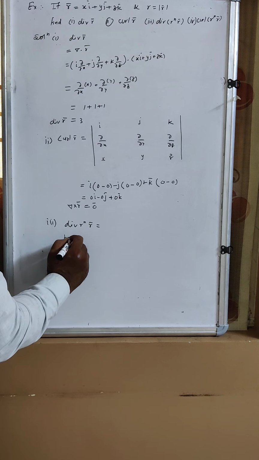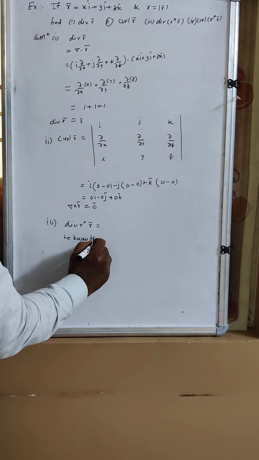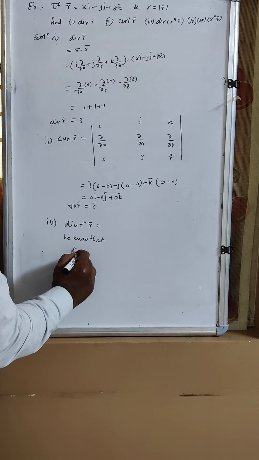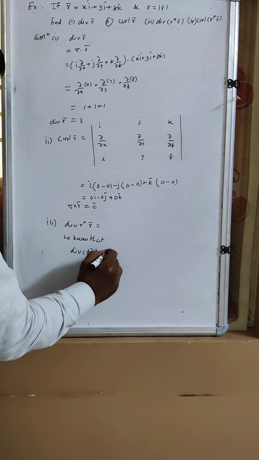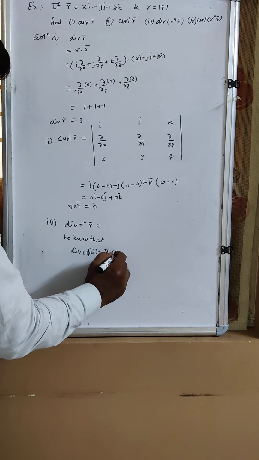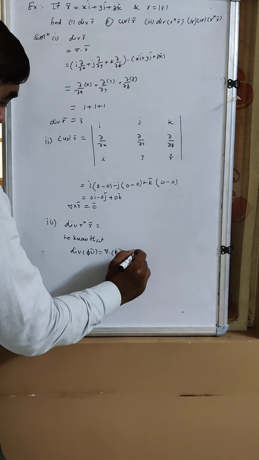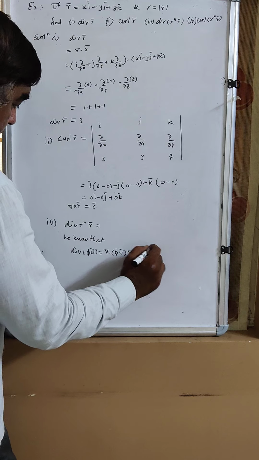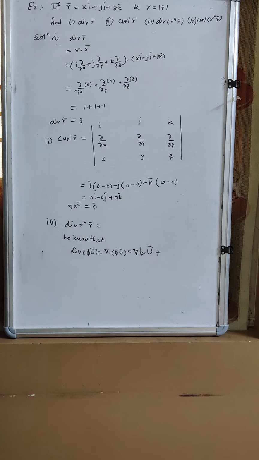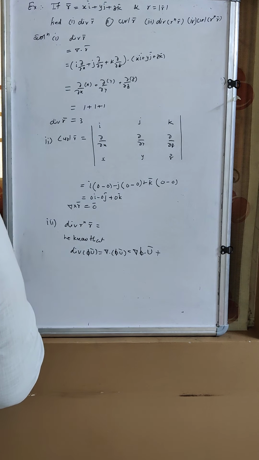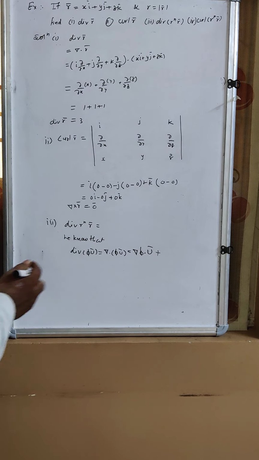Therefore, we know that divergence of phi u vector is equal to del dot phi u vector, which is equal to del phi dot u vector plus phi del dot u vector.